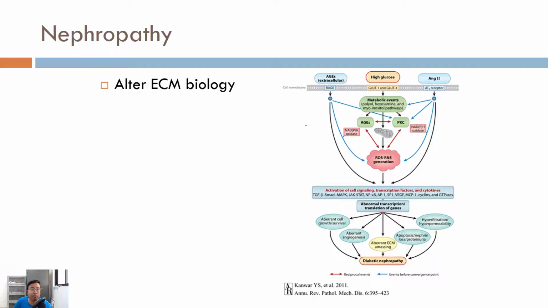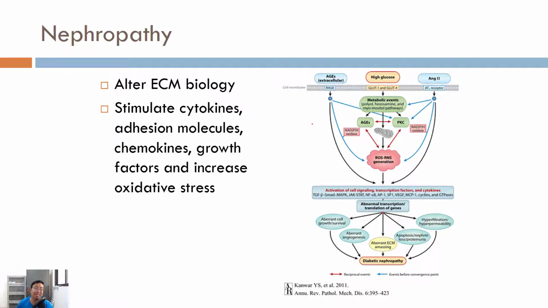In case of nephropathy, AGEs alter the extracellular matrix biology, which leads to secretion of multiple chemokines, and they in turn activate the reactive oxygen and reactive nitrogen species, that is the ROS system, and also interact with the renin angiotensin system to change the whole milieu of the kidney, ultimately leading to development of a parenchymal disorder.